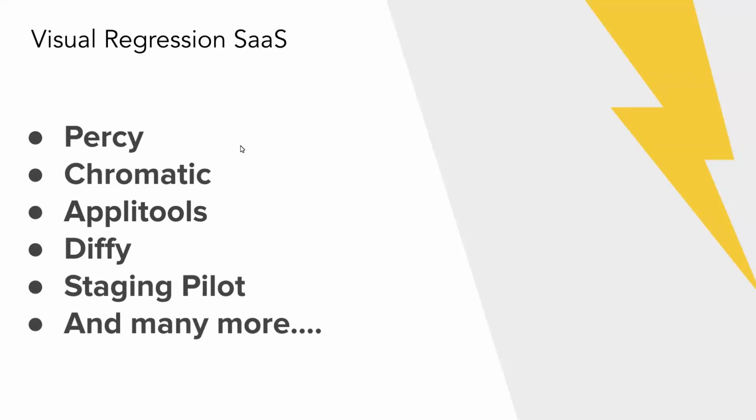Those are sites that offer some API, so you can get into visual regression immediately with minimal setup. So Staging Pilot was acquired by Pantheon last year.